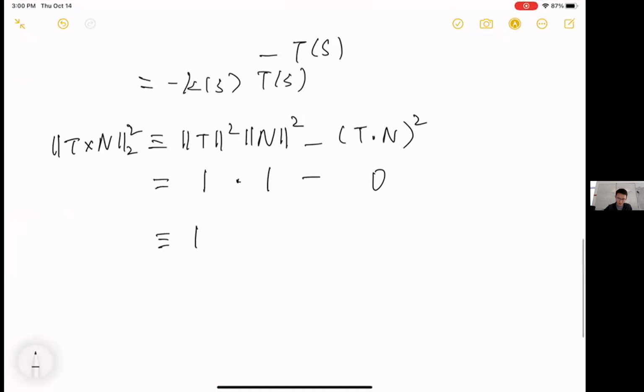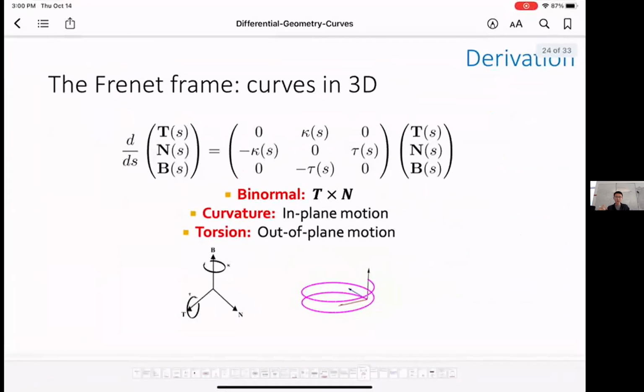Okay, so we have defined a new vector that is perpendicular to the previous 2 and also has unit length. Naturally, all these 3 vectors put together form an orthonormal basis, a new coordinate system with 3 axes.